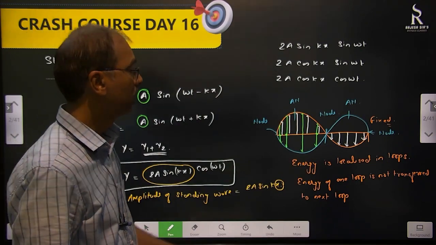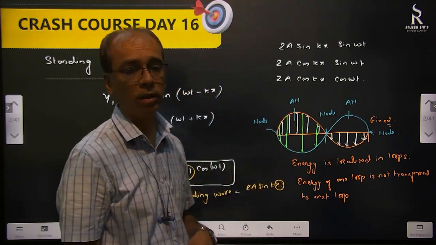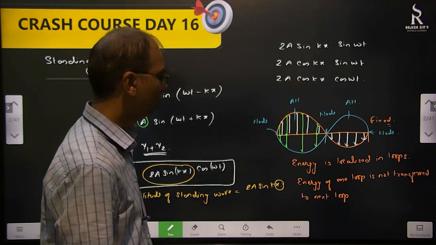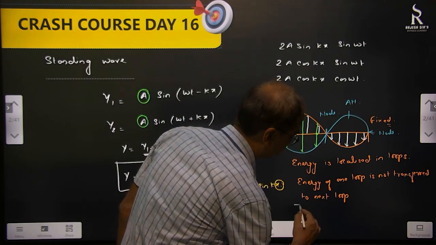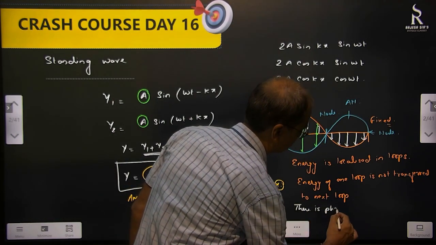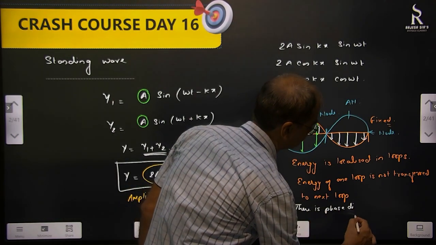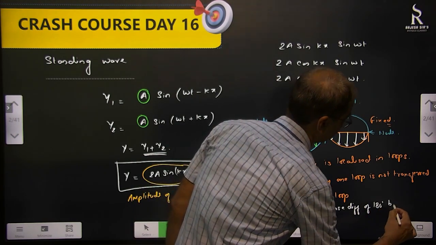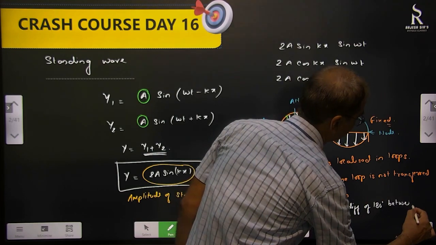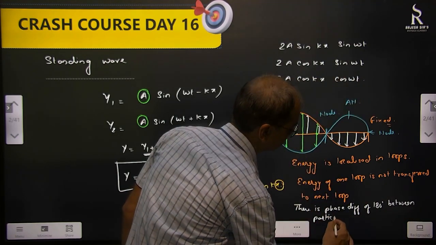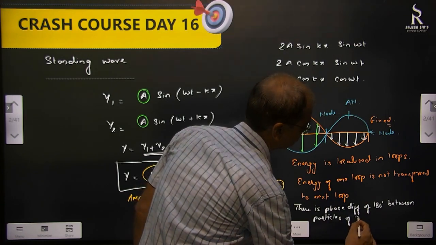So there is a 180-degree phase difference between particles of two successive loops. There is a phase difference of 180 degrees between particles of adjacent loops.